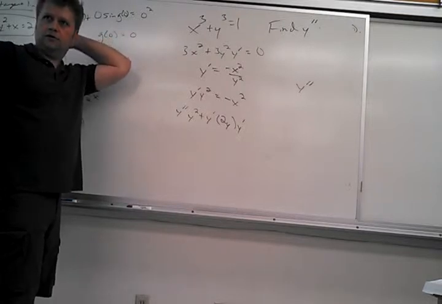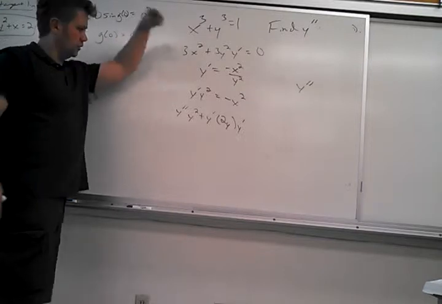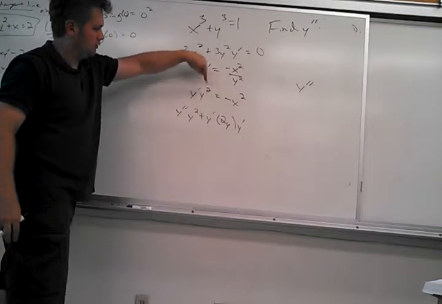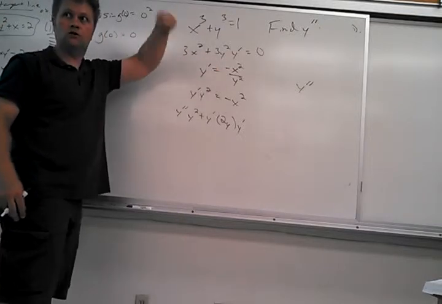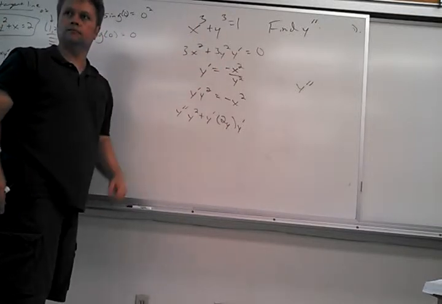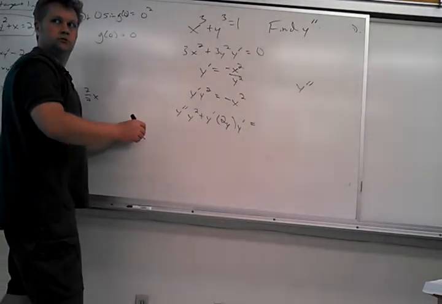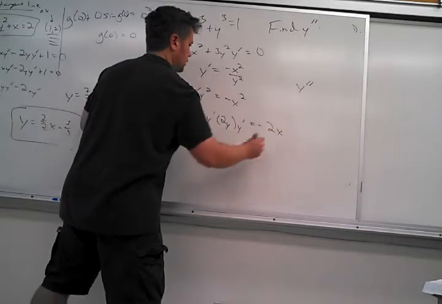You with me? Yeah. So I did that guy's derivative, left him alone, plus left this guy alone. The derivative of y squared is 2y y prime. Equals negative 2x.